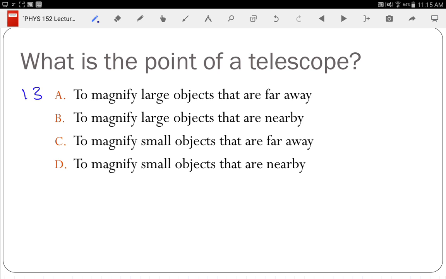Now, just to avoid any confusion, tele means far. What does micro mean? So a microscope is magnifying small objects. A telescope is magnifying far objects. And those far objects are by definition going to be large or we can't see them at all. And so that's why I put to magnify large objects that are far away.